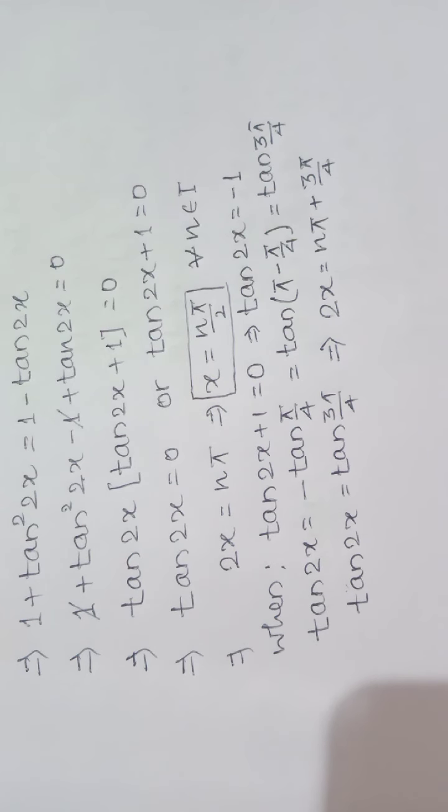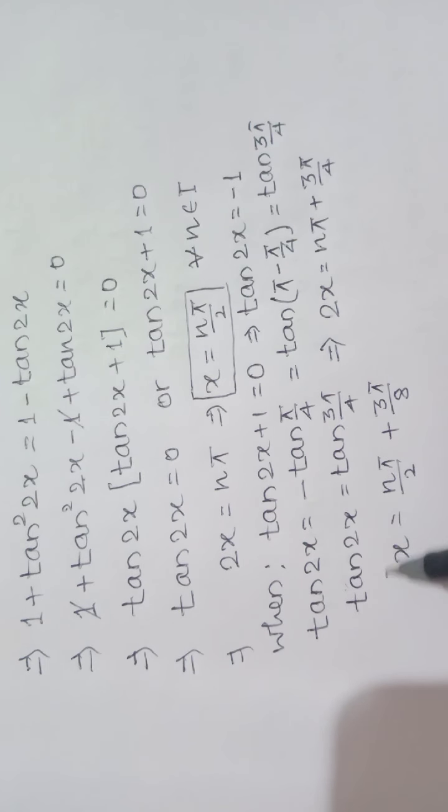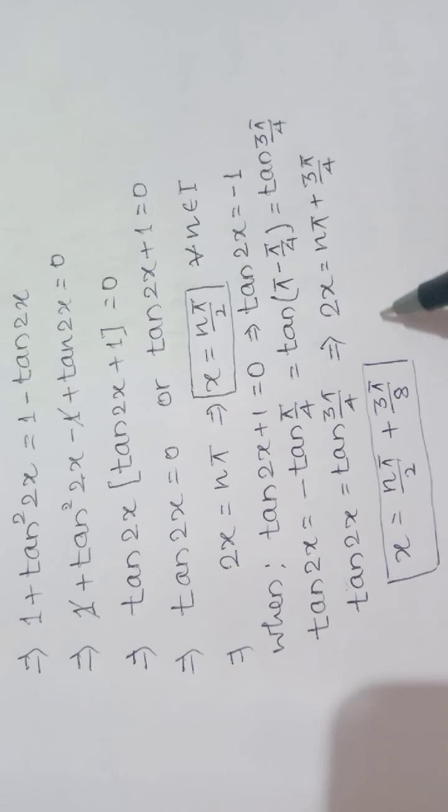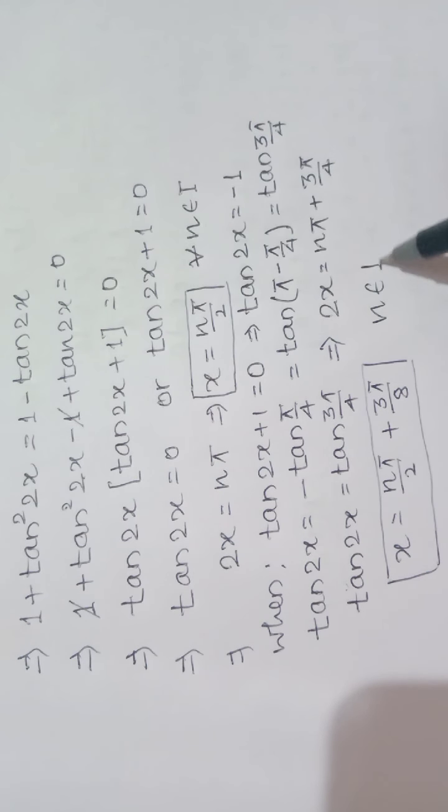So finally x should be equal to n pi by 2 plus 3 pi by 8. These are your solutions when n belongs to integers.